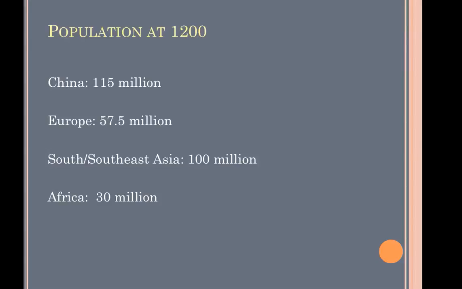Now, when you take together all these things, it shouldn't come as any surprise when you look at figures like this. Now, this is just China, no other part of Asia. This is all of Europe at 1200, so pretty much half of the Chinese population. South and Southeast Asia, places like Vietnam, Thailand, etc. 100 million, significant, and in India as well with South Asia, significant population there.